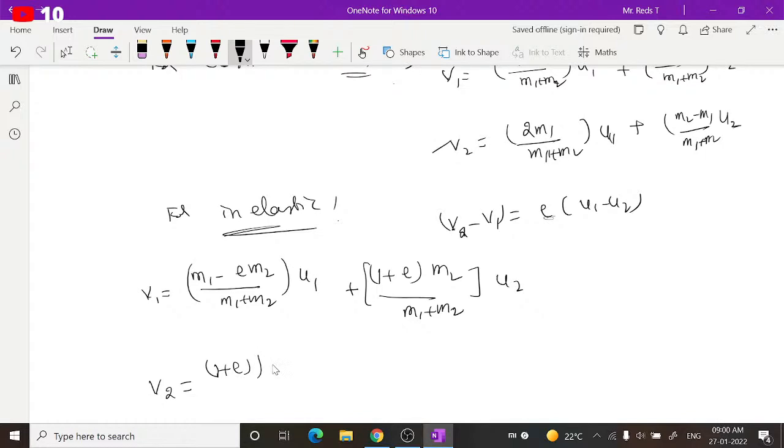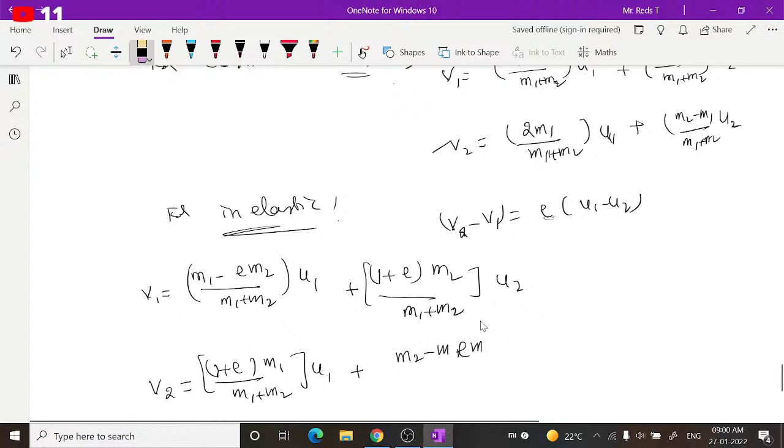So v2 is (1 plus e) into m1 by total mass (m1 plus m2) into u1 plus (m2 minus e m1) divided by total mass into u2. This is the relation we get for v2.